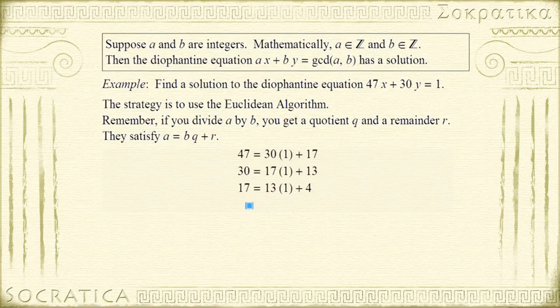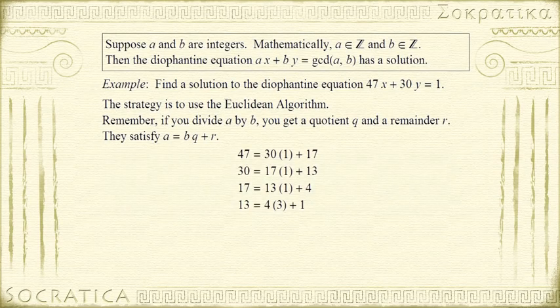And then finally, if we divide 13 by 4, we get a quotient of 3 and a remainder of 1. At this point, we stop because we arrived at the greatest common divisor, so the Euclidean algorithm is over. Now we're going to use these four equations to find a solution to the original Diophantine equation.